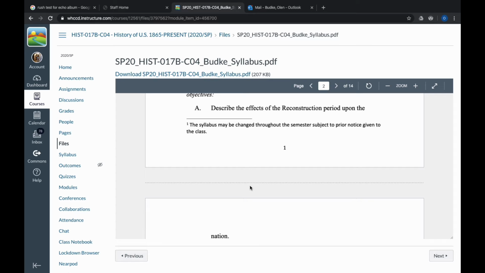All right, and during that Reconstruction period, it's right after the end of slavery. The end of the Civil War results in the abolition of slavery in the United States of America.